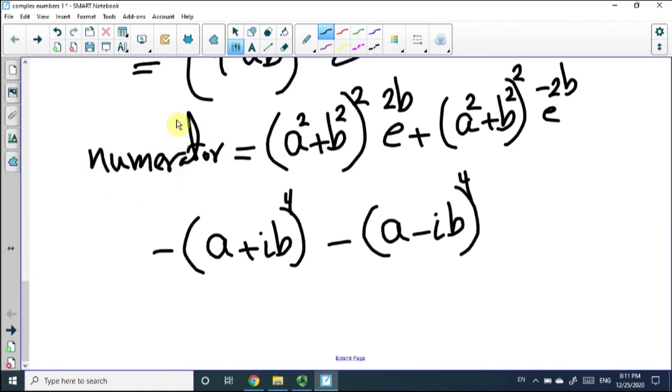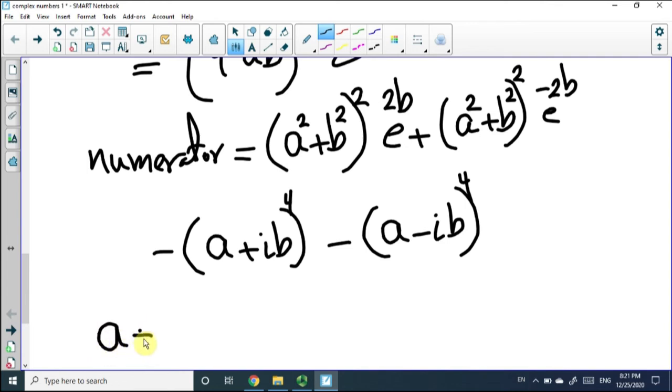We will divide this by the denominator. Let's continue just to find the final answer. Now let's simplify this further. The last two terms can be simplified easily in a straightforward way, and I'm going to leave this to you.